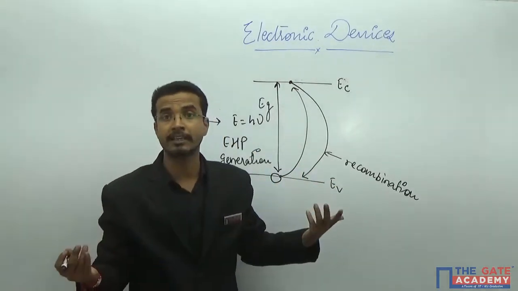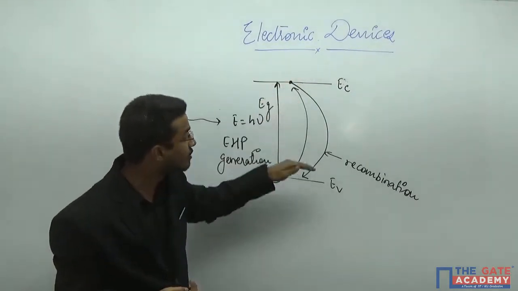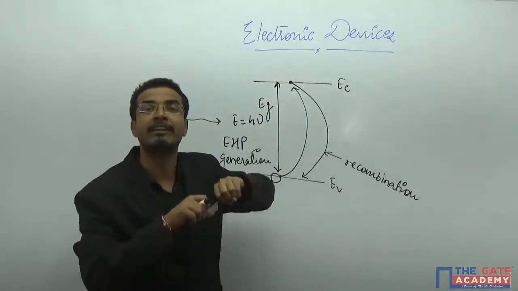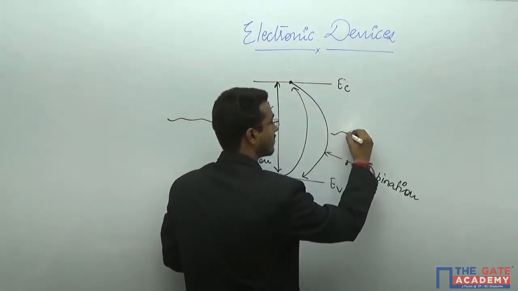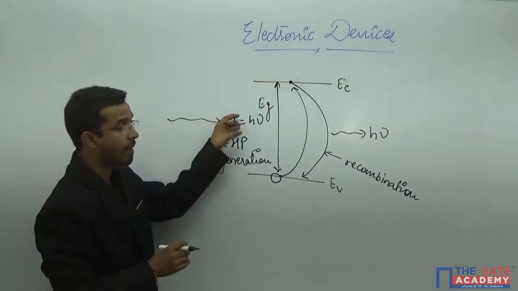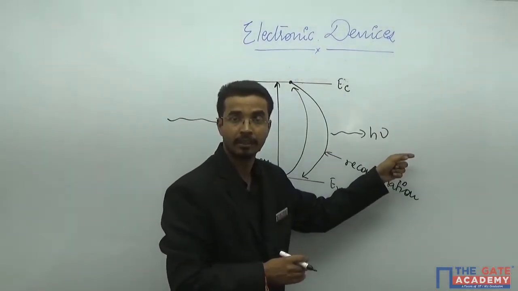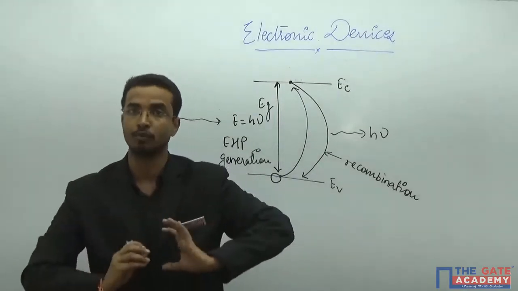Energy can never be created nor destroyed. So if it is losing energy from here to here, it will release energy, and that is h nu. Whatever energy was pumped in must be extracted here. Then only will energy conservation hold.